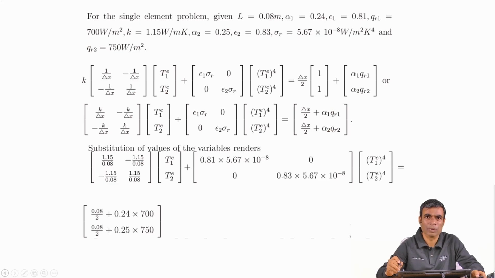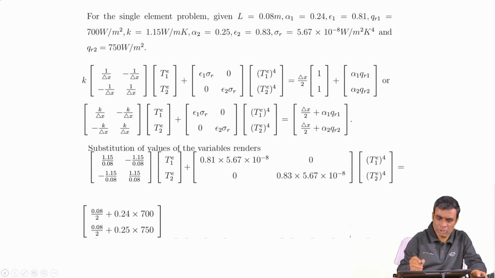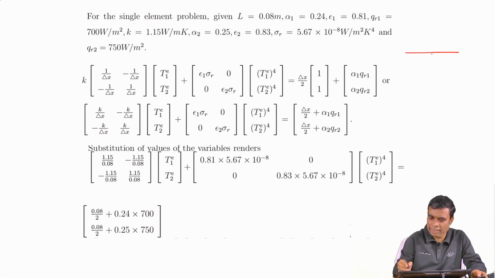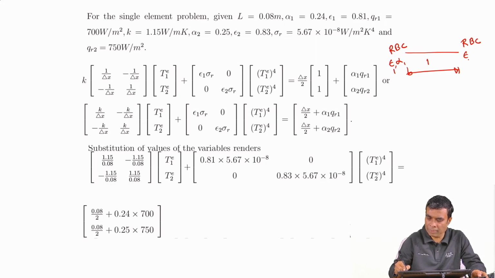Now we illustrate the case of RBC at both the boundaries considering a single element. So we have a single finite element of 1 unit length. In this case, RBC is specified at both the boundaries. So we are given ε and α at both the ends, ε1, α1 and ε2, α2.